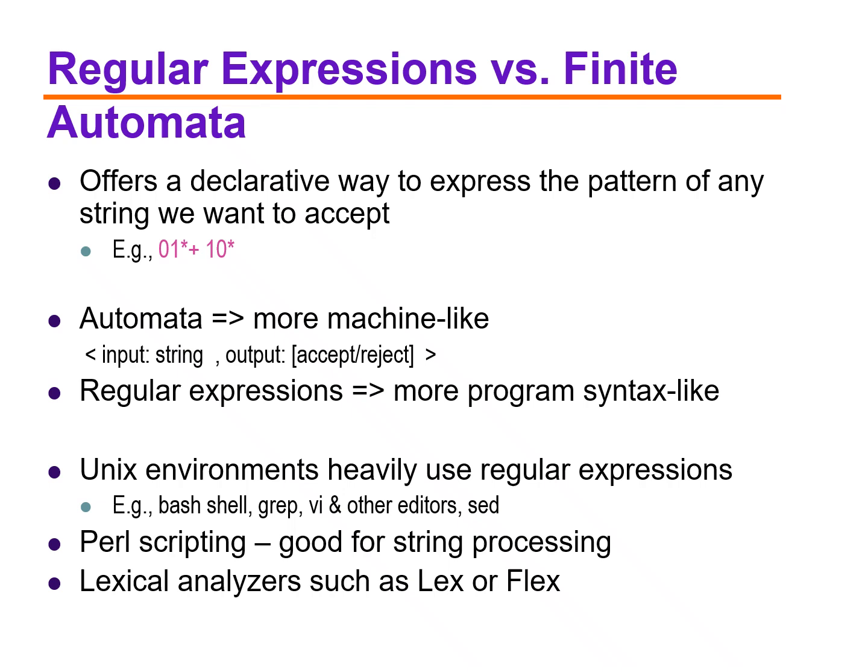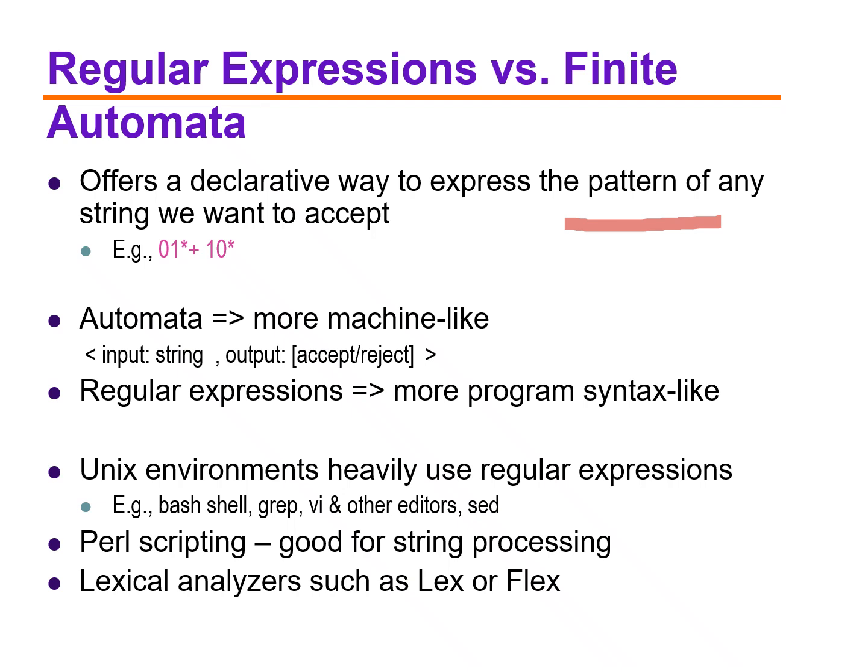Automata is a more machine-like thing, whereas regular expressions are just syntactical representations. When we use automata, it is going to use the regular expressions for recognizing any kind of pattern. So for representing that pattern, this regular expression is required. For recognizing that pattern, finite automata is required.